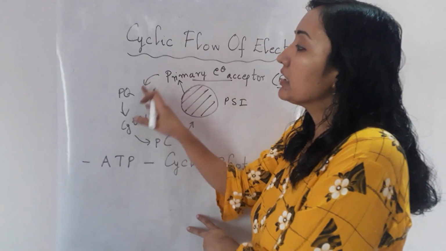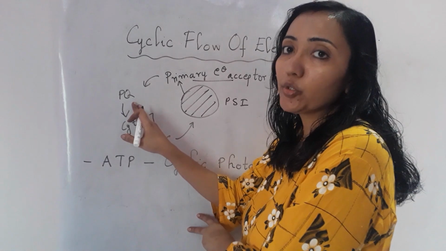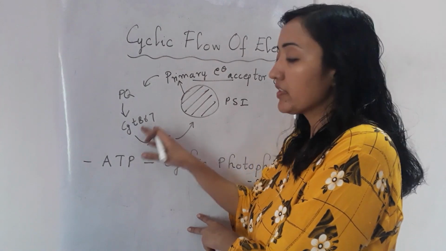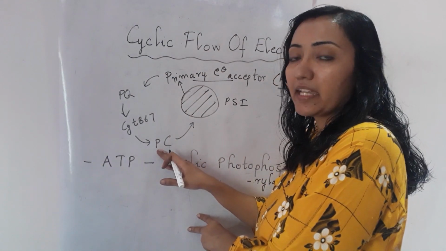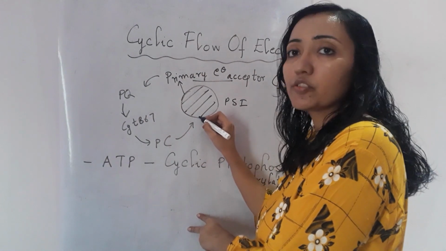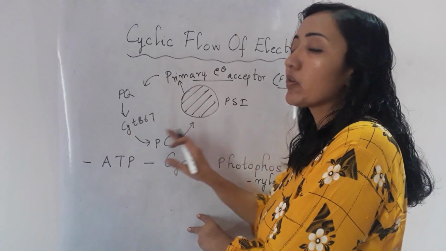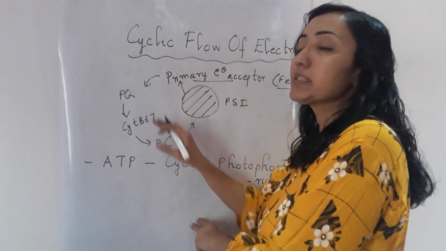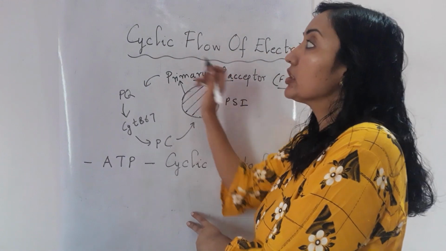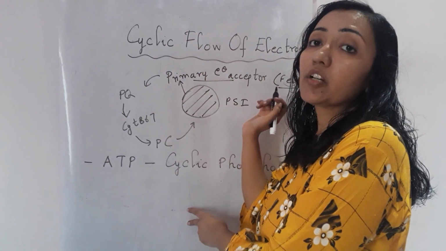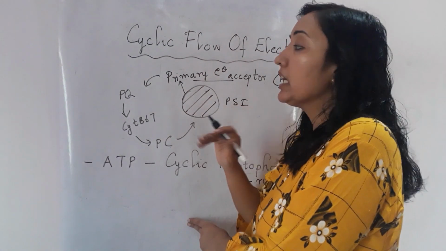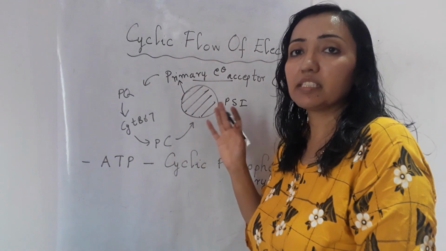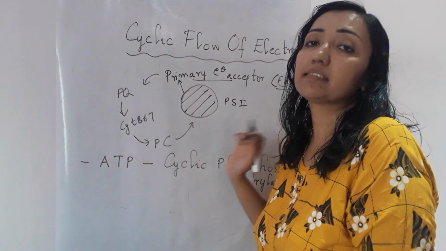From here, the electron goes to plastoquinone, then to cytochrome B6F, and from here to plastocyanin, and again the electron returns to PS1. This process helps in the synthesis of ATP. This is known as cyclic flow of electrons or cyclic photophosphorylation. In this process, no NADPH or oxygen is made, only ATP is synthesized.